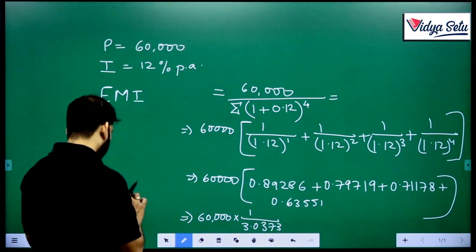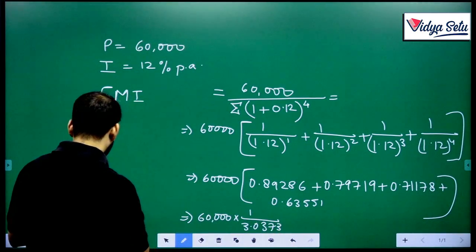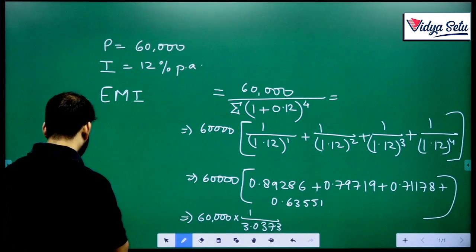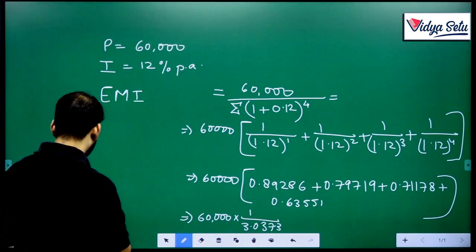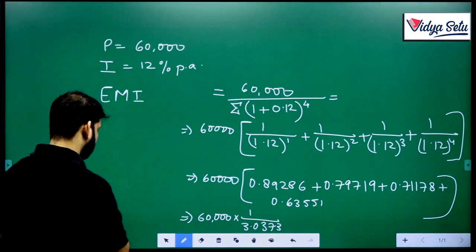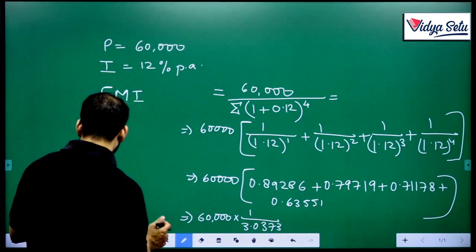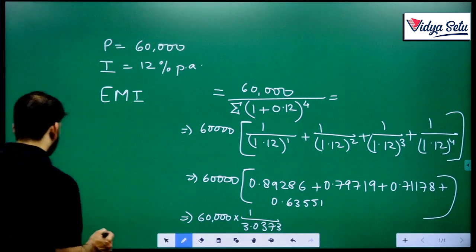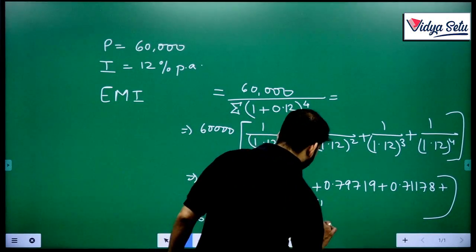So if I divide 60,000 by this, 60,000 divided by 3.0373, we get 19,754 and some decimal.